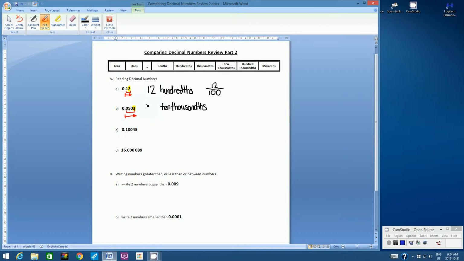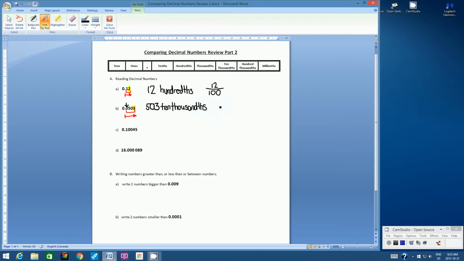It would be 503. So you might be asking, well, what about this 0 right here? Well, if we were to pretend that this is a whole number, we wouldn't put a 0 in front of a whole number, would we? So the proper way to read this decimal is 503 10,000ths.